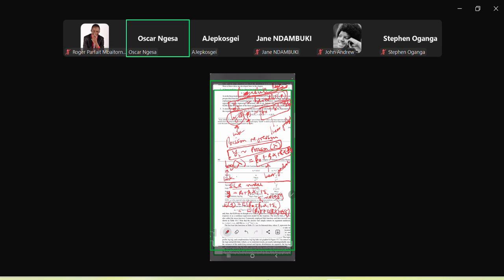But beta naught, beta 1, all those are constants. What is the expected value of a constant? That constant. Plus expected value of beta 1 x1, because beta is a constant, and x is an independent variable that we know. We don't have a distribution for it, so it will be treated as a constant also. So beta, a constant, times x, a constant, is a constant. So what is the expected value of beta 1 x1?